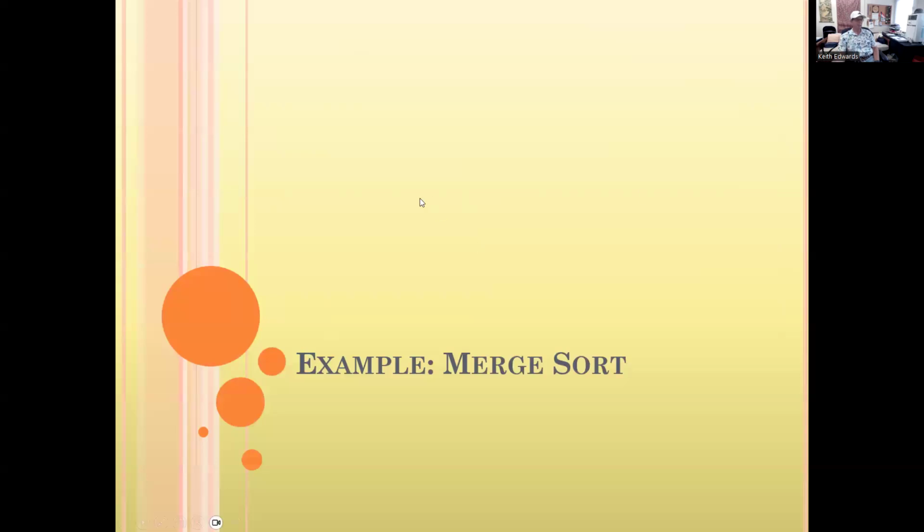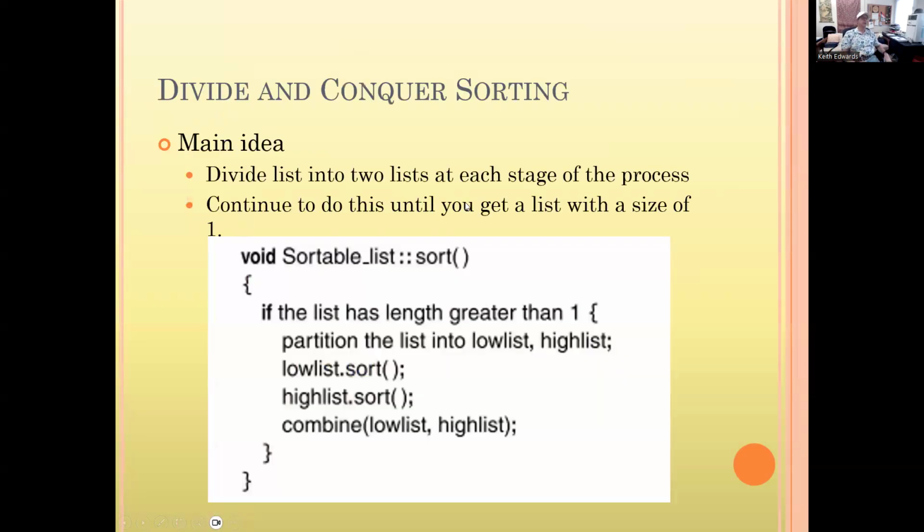And that's the idea behind merge sort: we divide the list that we want to sort into two lists at each stage of the process, and then we continue to do this until we get a list of size 1. And then that list is automatically sorted, and then we build it back up.